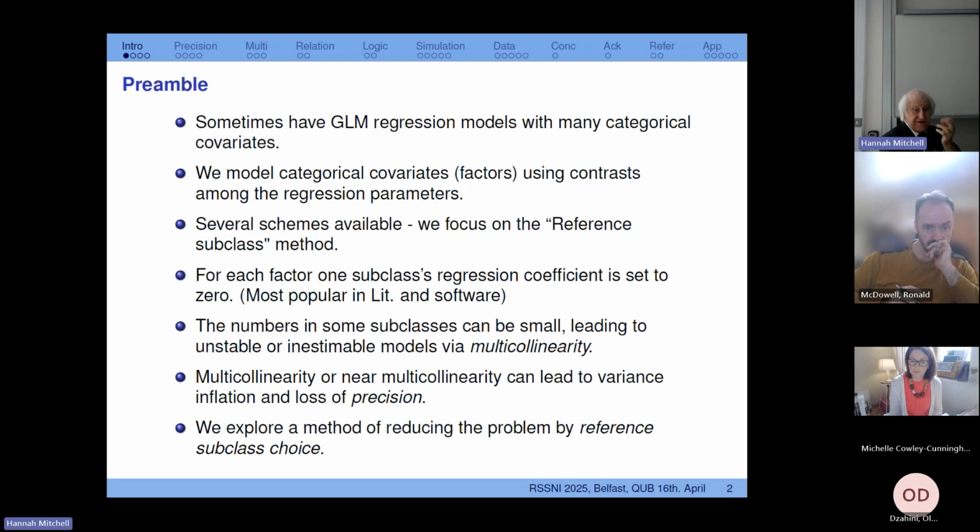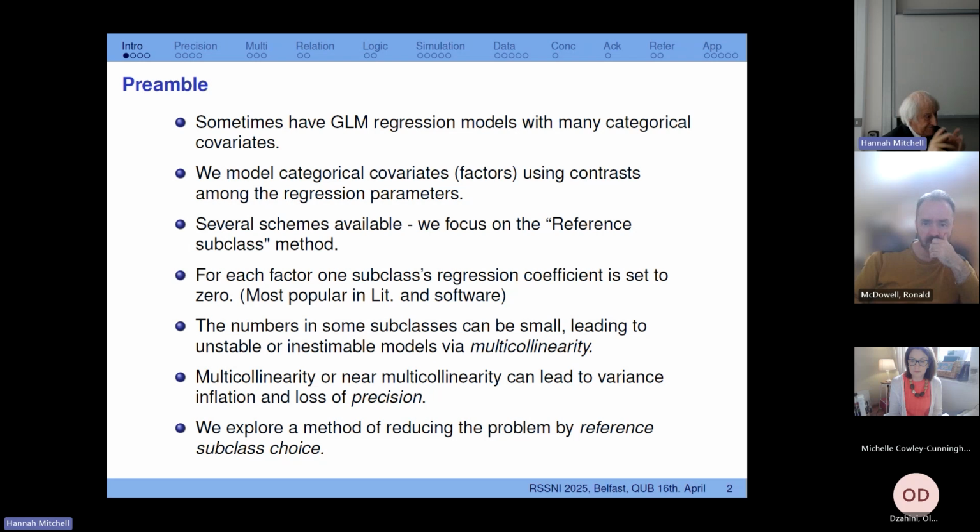It can lead to unstable models, some of which might be inestimable due to the multicollinearity, which is the linear or near linear dependence between two columns, or one column and a combination of other columns in the design matrix. So you don't want that. You want to avoid that so that you can carry out the estimation and have reliable estimation.